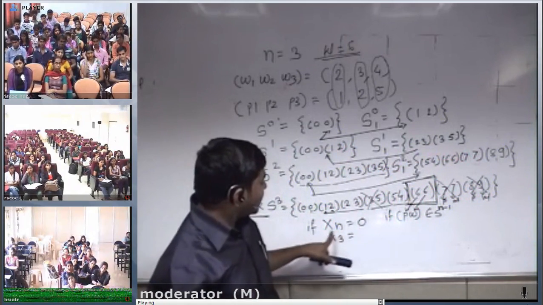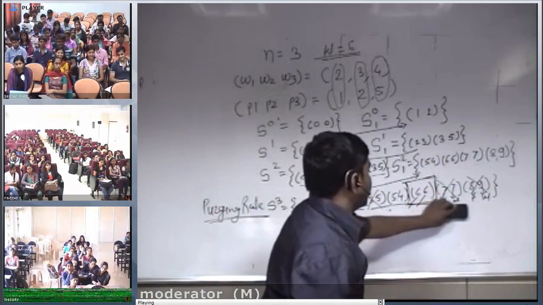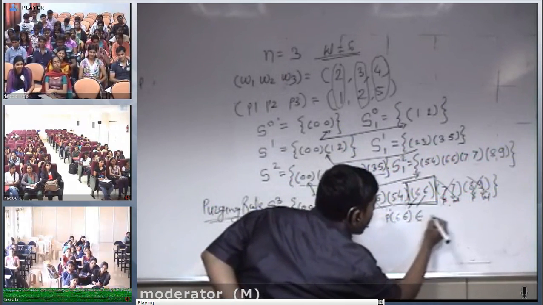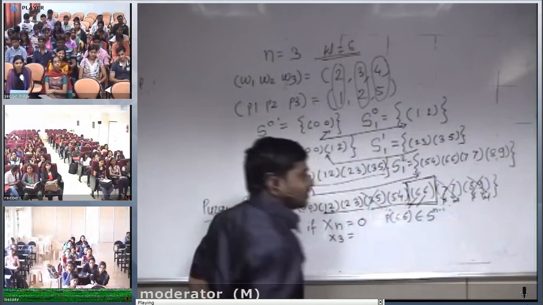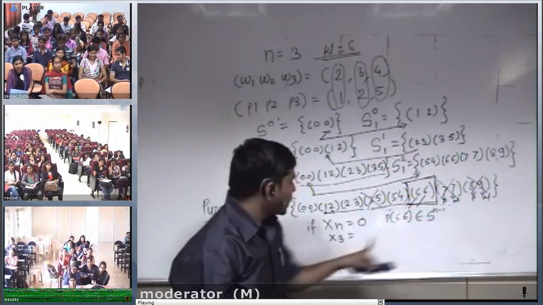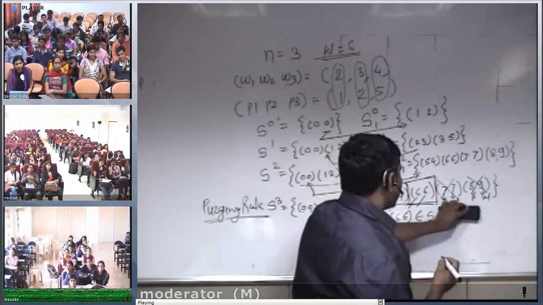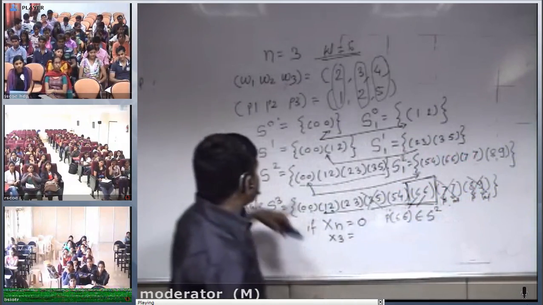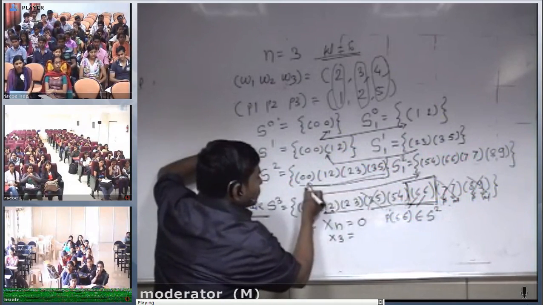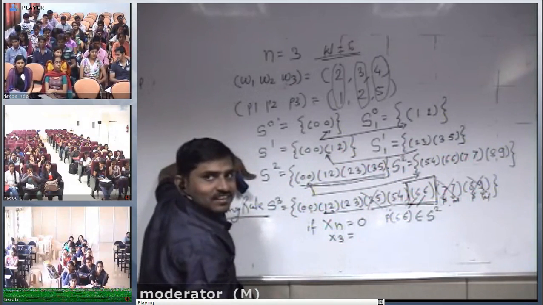Clear? So we check this condition: whether P, W (6, 6) belongs to S(n minus 1). It is X3, so n minus 1 is 2; I look at S2. Does S2 contain (6, 6)? No, it is not satisfying this condition.